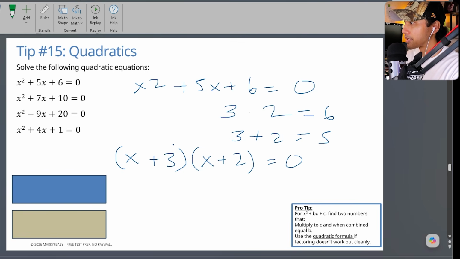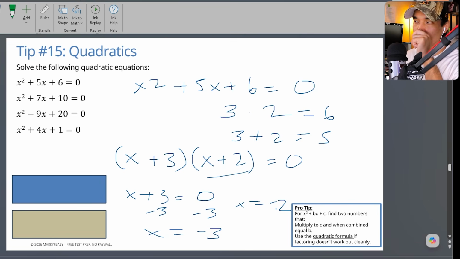And then you get each of these parentheses, and you go x plus 3 equals 0, and then minus 3, x equals negative 3. In this case, with the x plus 2, x equals negative 2. So the solutions for this quadratic are x equals negative 3 and x equals negative 2.